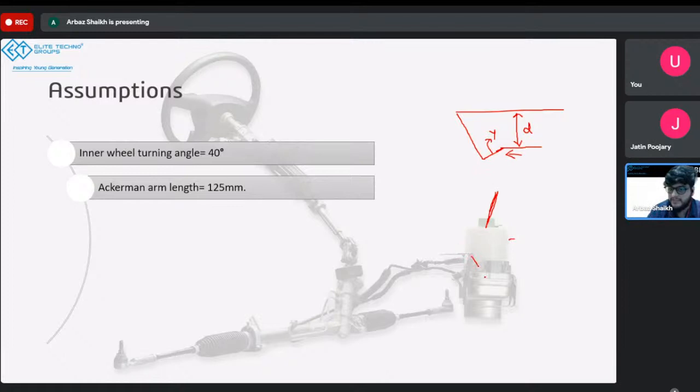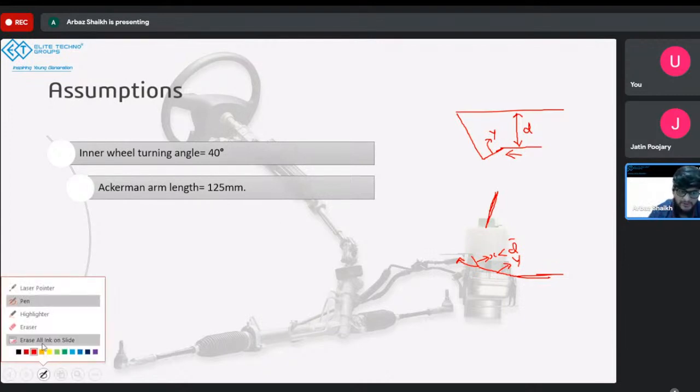We keep the Ackerman arm this way, the tie rod at this angle, and the rack over here. So this will be your Y. And if you try to push this, since all the load is going in this direction, you can have the turning proper. So that's why we want to keep X less than D. Okay, so that's why we keep the Ackerman arm length at 125. So I hope that clears the doubt. Someone has asked this doubt also.